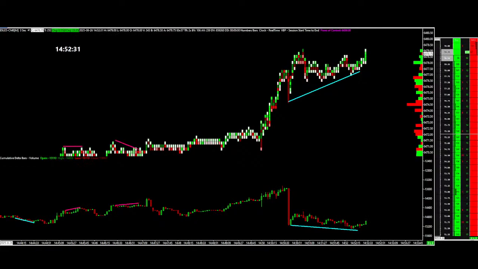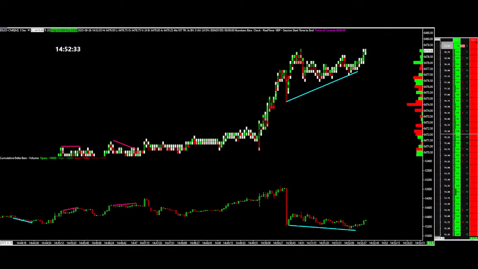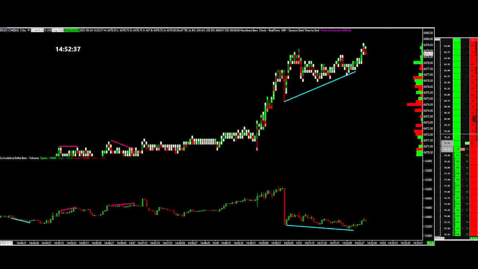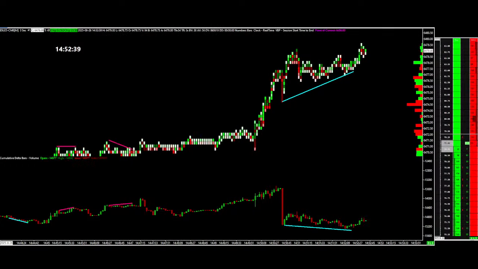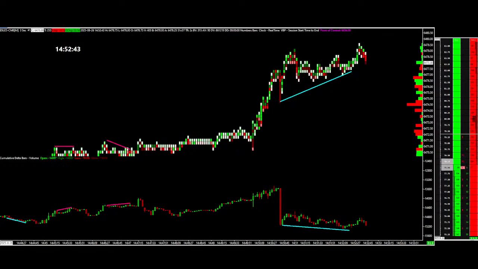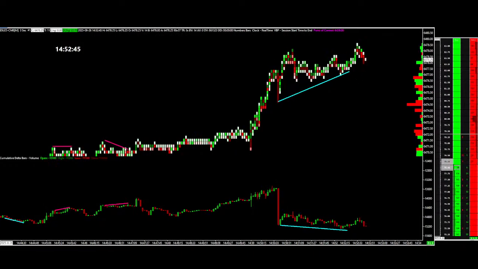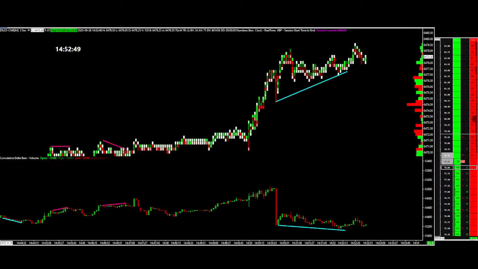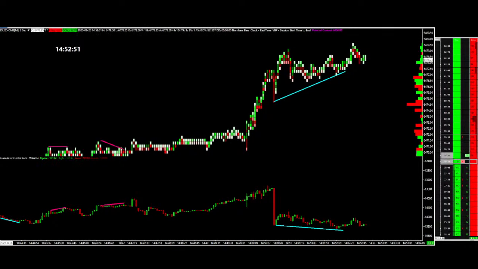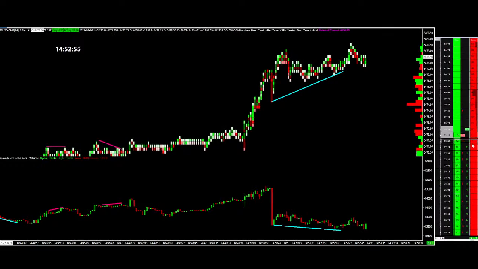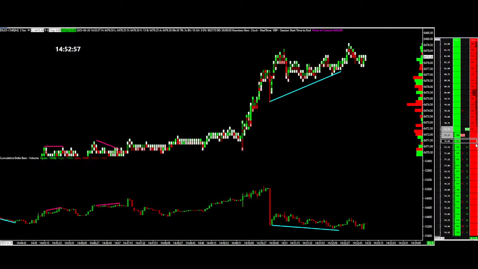So you want to look for a test or something. They did hit a big ass reclaim up.